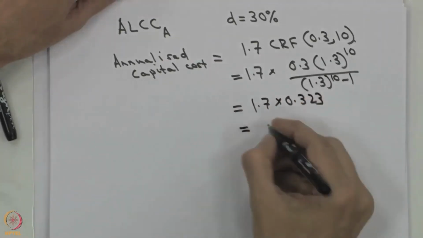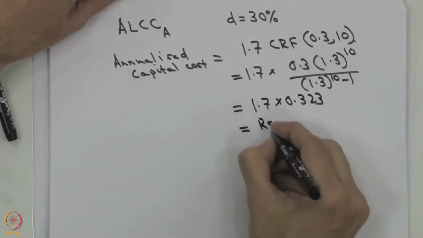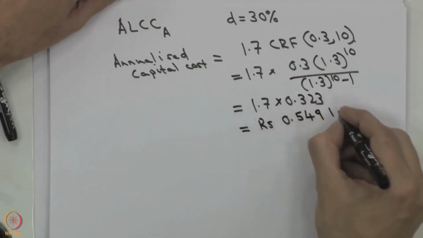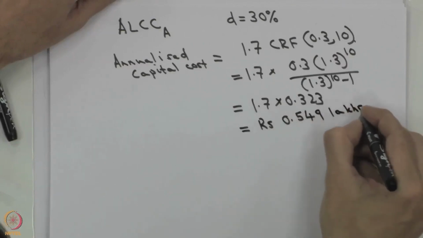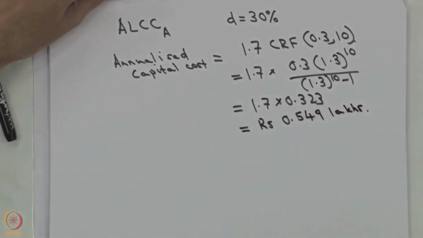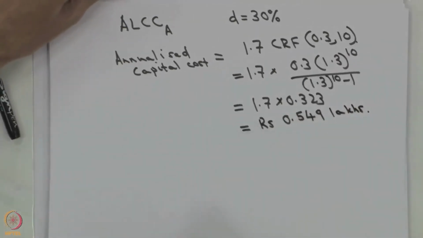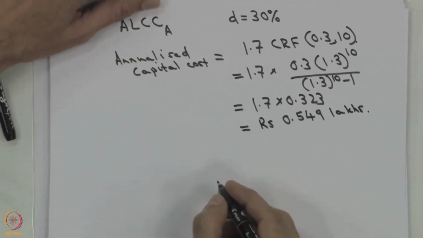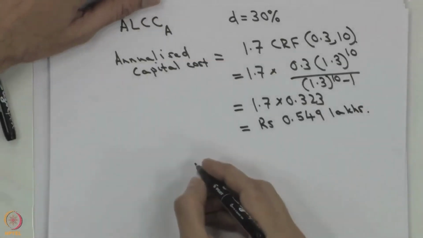This comes out to be rupees 0.549 lakhs. This is the annualized capital cost, and we have already calculated the annual fuel cost and annual O&M cost. That turns out to be 3.05.